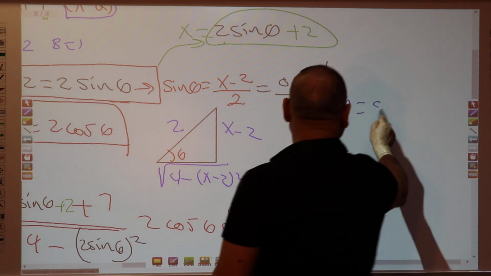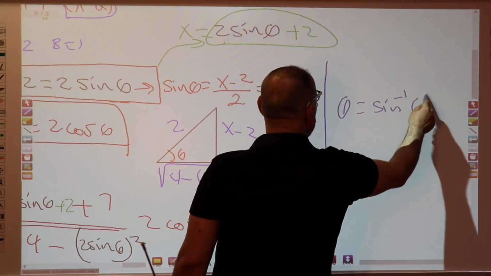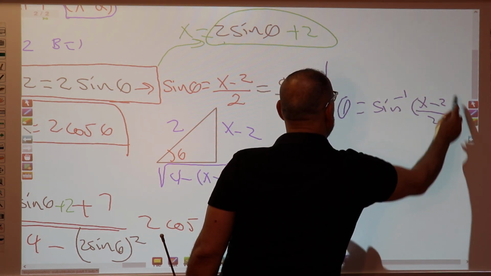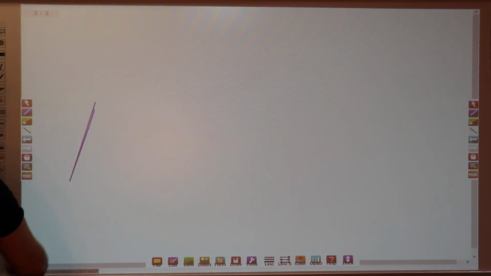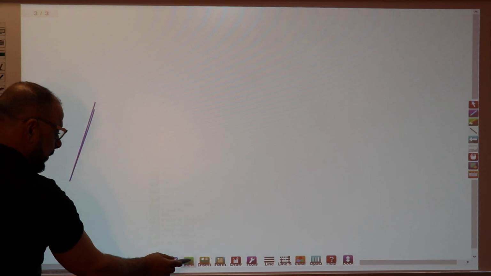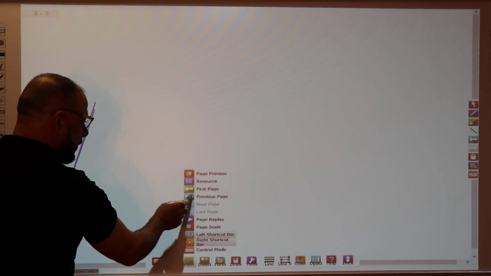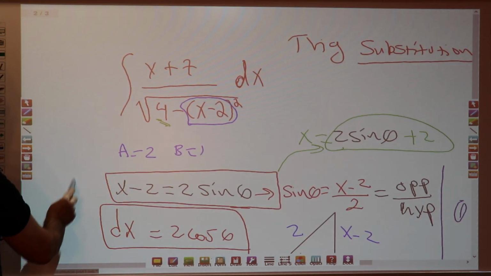Theta equals sine inverse of (x minus 2) over 2. Then my problem, previous page.